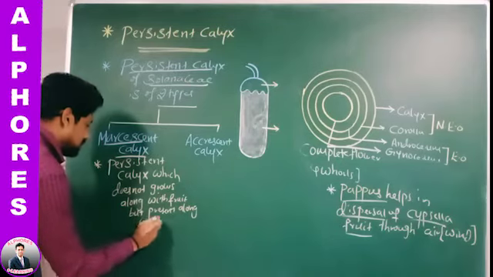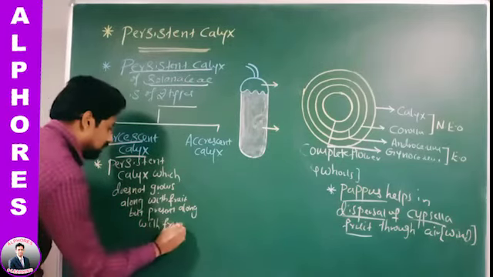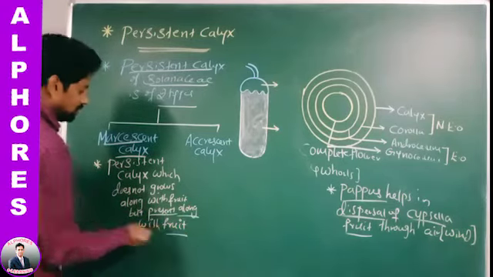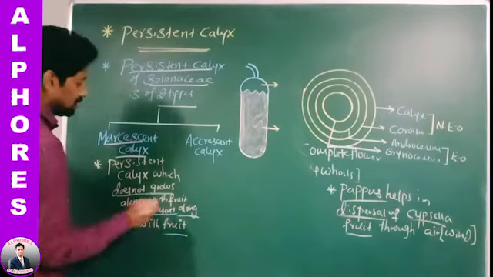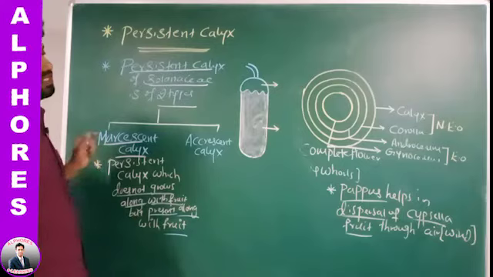Sir, this persistent calyx is present along with what, sir? Fruit. Present along with the fruit, but does not grow along with the fruit. This is what, sir? Marcescent calyx.